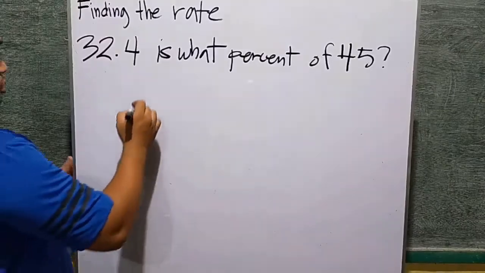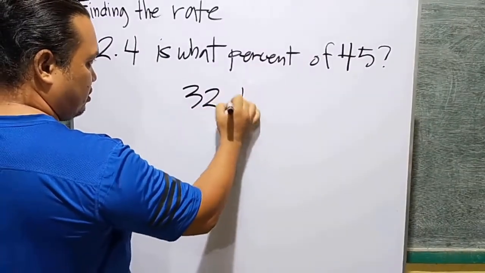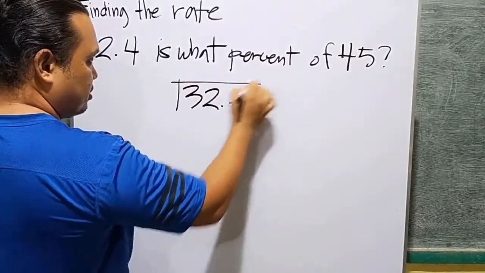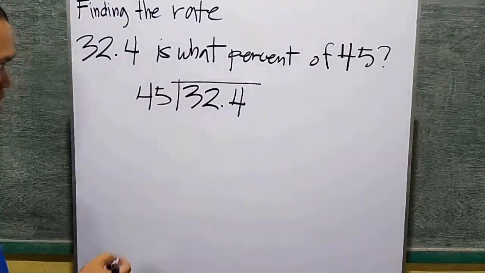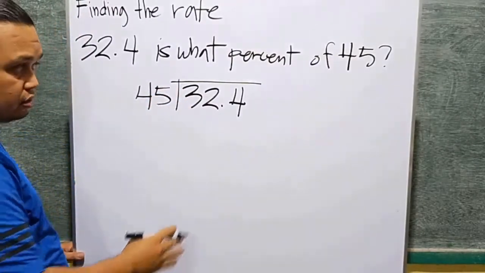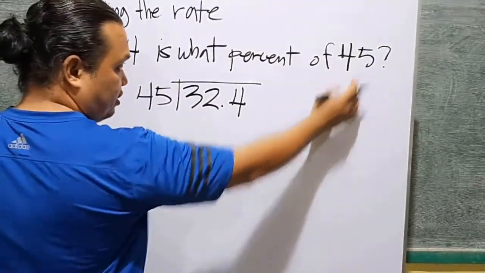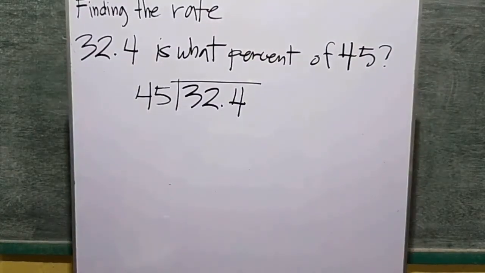So that will be 32.4 over 45. 32.4 is our percentage, while 45 here is our base, and we are looking for the rate.